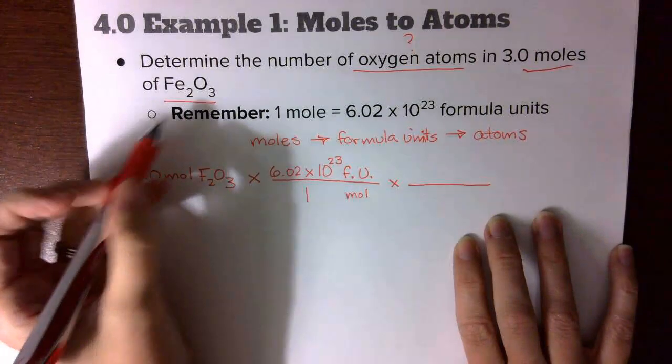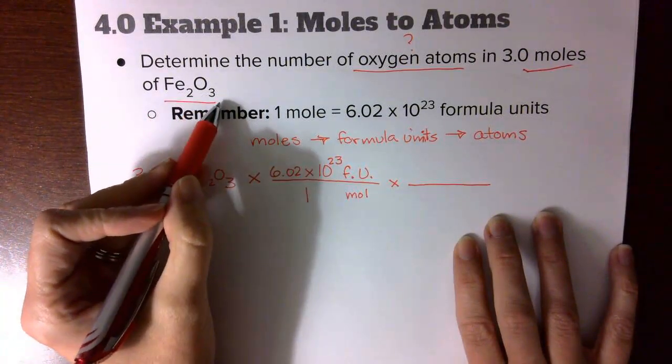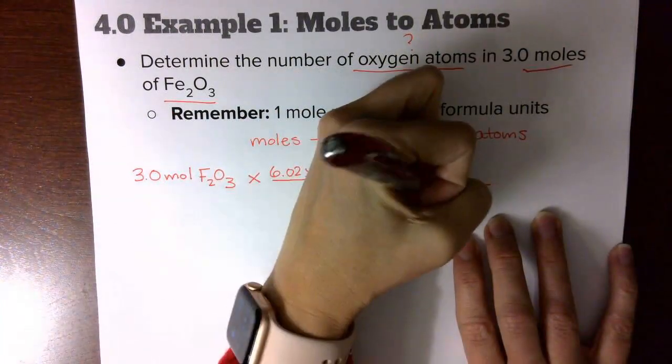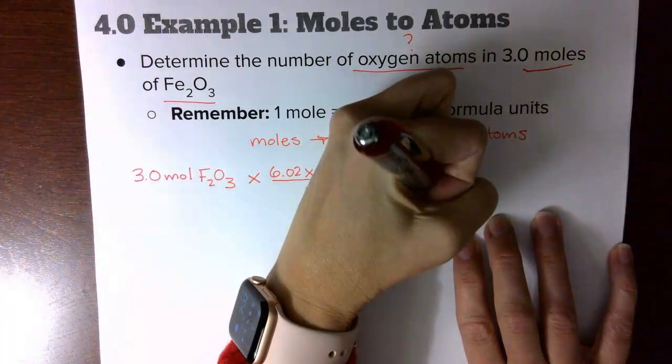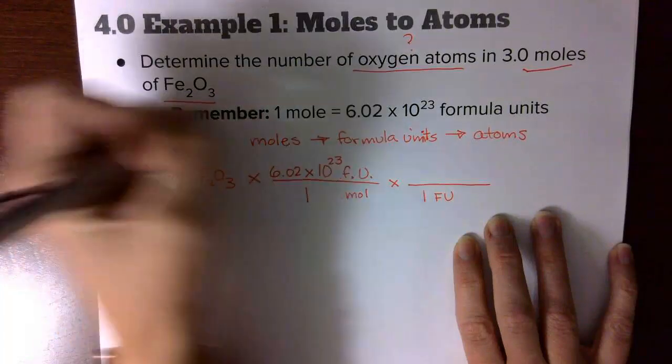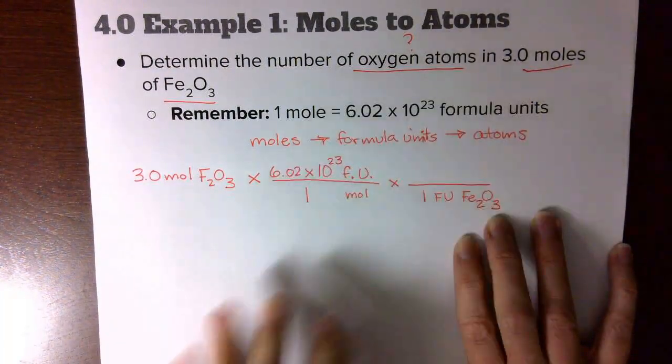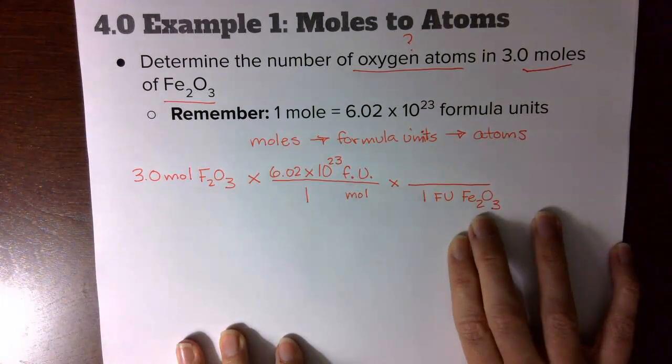So a formula unit is this whole formula, Fe2O3. That entire formula is a formula unit. So for every 1 formula unit of Fe2O3, we're going to look at the subscripts.